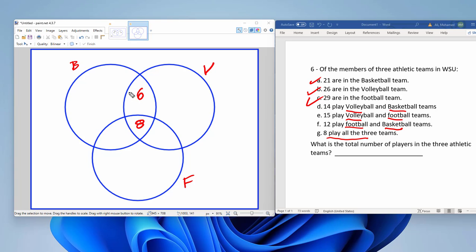So that gives me, in this area, the basketball and the volleyball. There are 14 of them because 8 play in all, and we don't care how many of these 8, like maybe 2, 2, and 4 or something. We don't know how many exactly out of the 8 play in the football. That's not in the question, so we don't have to solve for that.